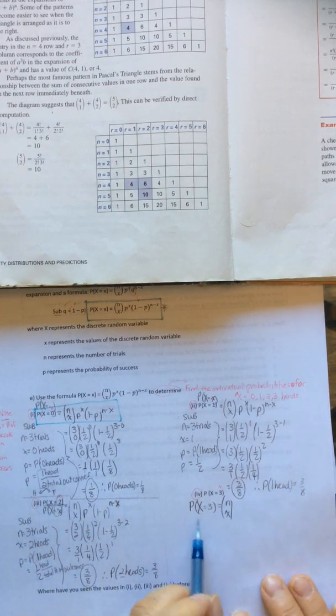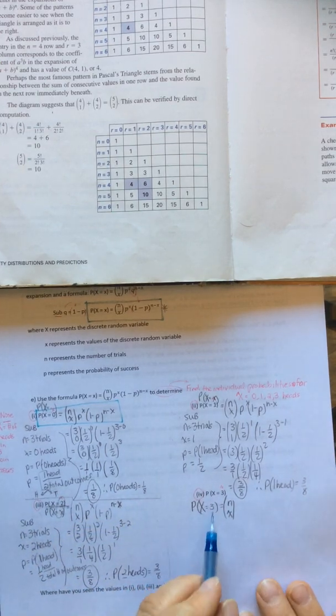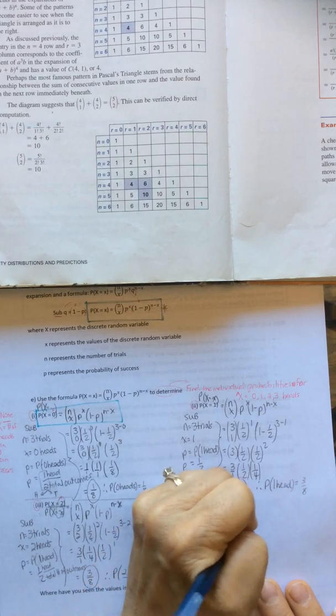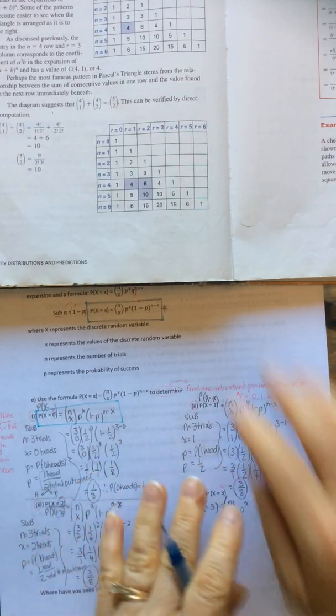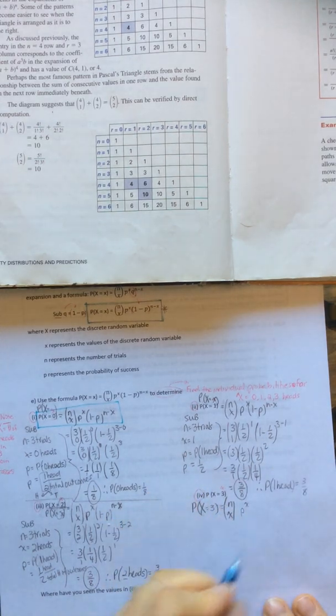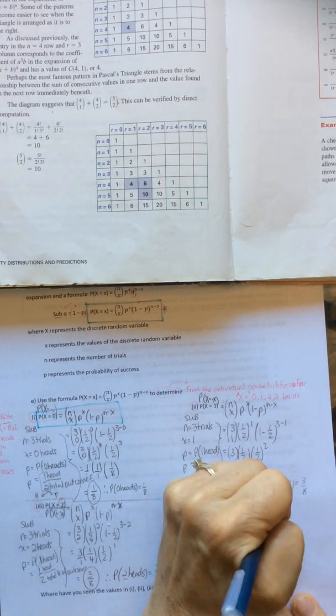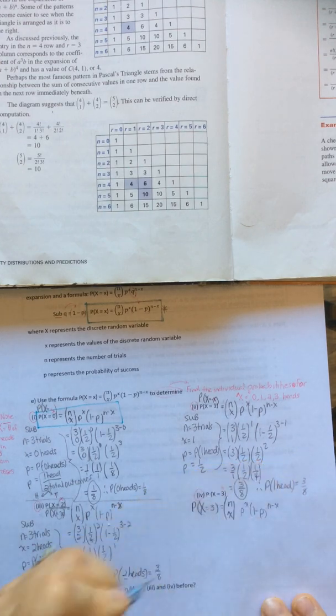probabilities. Okay, what's the probability of the discrete random variable equaling 3, where that means that we get 3 heads in 3 coin tosses? It's equal to the n choose x times p to the power of little x, 1 minus p to the power of n minus x.